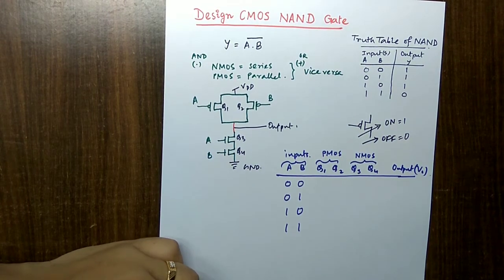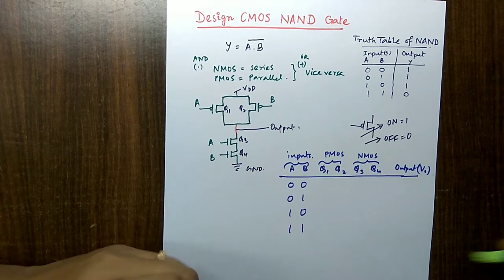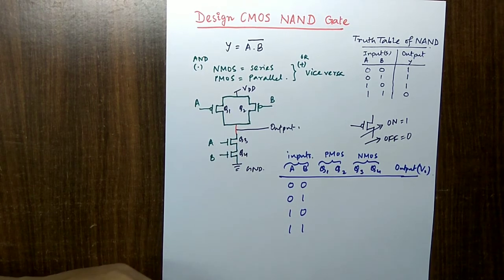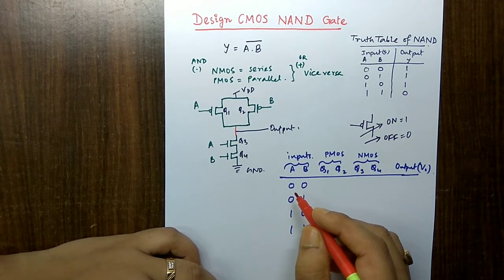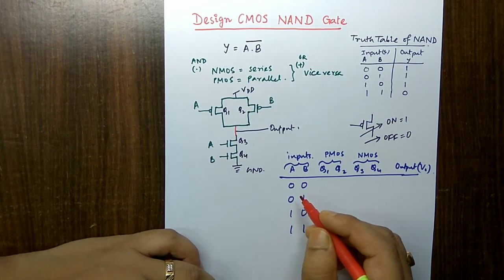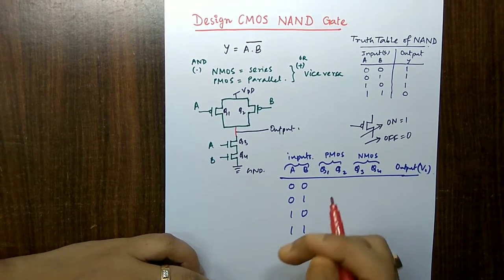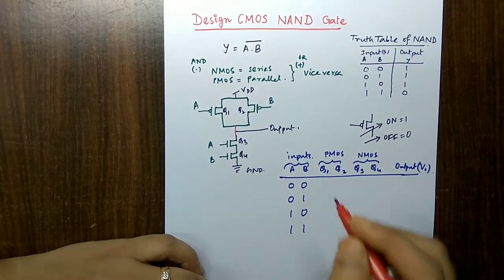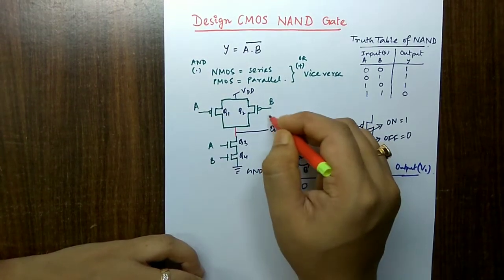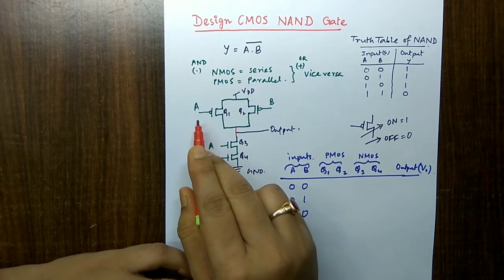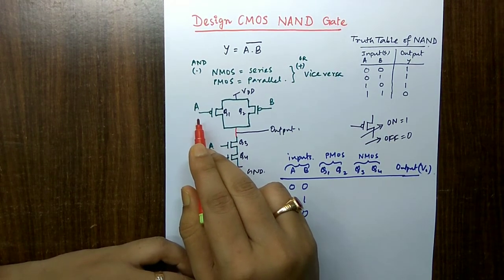Let us see here. Since it is 0 0, if I place here 0 and 0, so A equal to 0, what will happen?